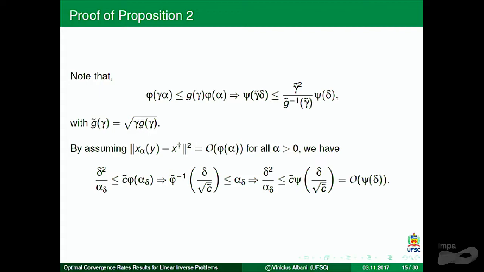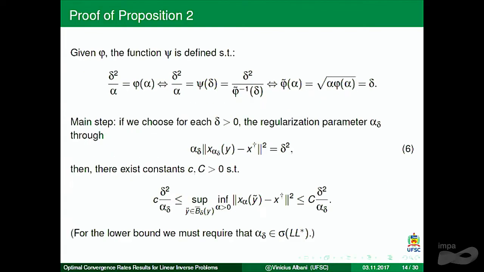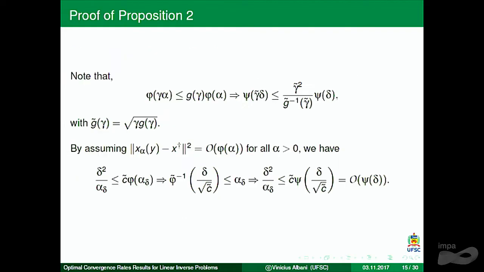And to prove the first implication, we assume this. And using the fact that alpha delta satisfies this equation, so with alpha replaced by alpha delta, this is equal to that, and use this estimate to find this inequality. So by the definition of psi and some simple algebraic manipulations, we can find this here from this.